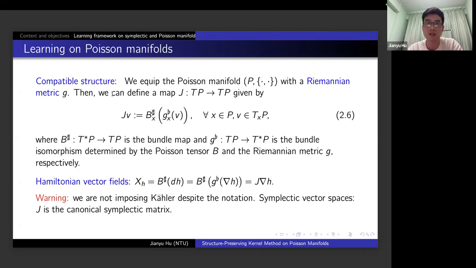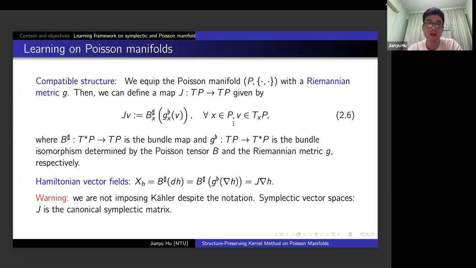The compatible structure is a vector bundle map from the tangent bundle of the Poisson manifold to itself, defined through the Poisson tensor and the Riemann metric. So here the B sharp is a bundle map induced by the Poisson tensor. G flat is the bundle isomorphism associated with the Riemann metric.